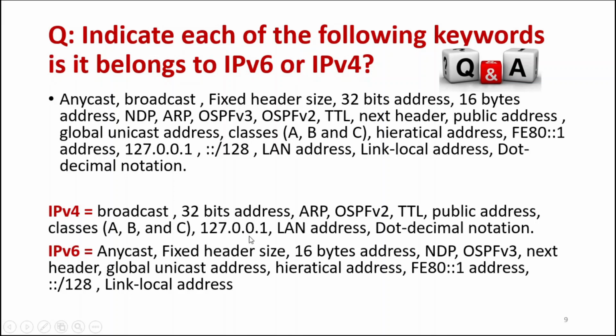::/128 is the notation of IPv6. We don't have a double colon or colon in an IP version 4 address. This is why this option should be related to V6.